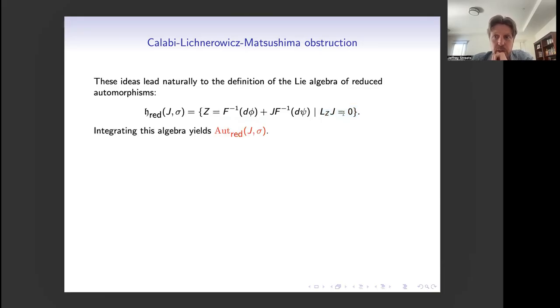And then this algebra can be integrated to yield what we call the Lie group of reduced Poisson automorphisms. I'm decorating this further with sigma because you can show in context that these also preserve sigma. So they're also Poisson automorphisms.